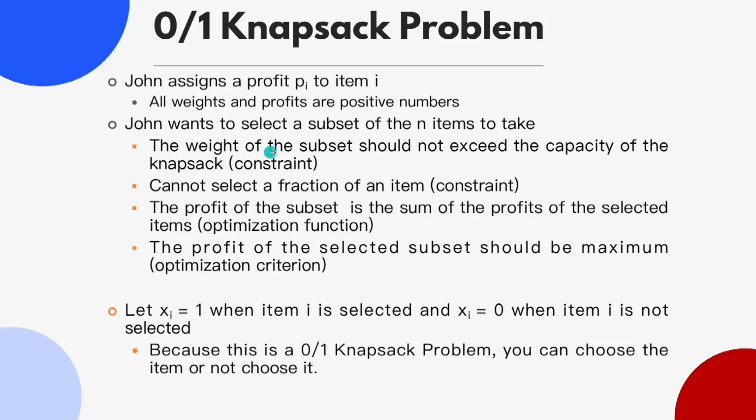Now, John wants to select a subset of items to put within the knapsack, and there are certain constraints. The first constraint is that the weight of the subset of items should not exceed the total capacity of the knapsack. The second constraint is that John can't take only a fraction of an item.